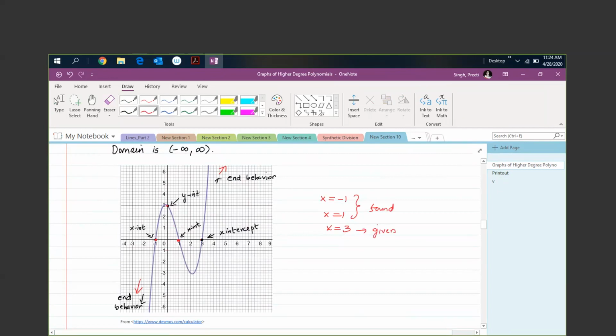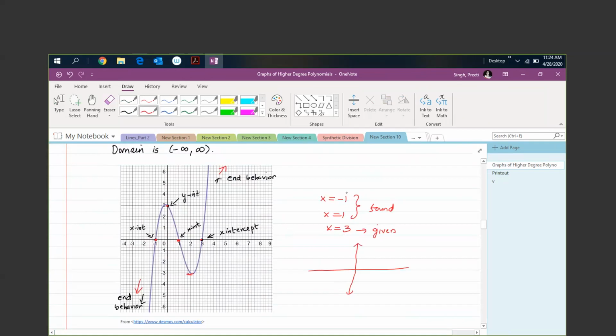Now you have to draw a rough graph. Don't worry about where it's turning. We don't know where it's turning, but we know that it is going to turn because it has to cross through 3. If I have to draw the graph in a very rough manner, this is using Desmos.